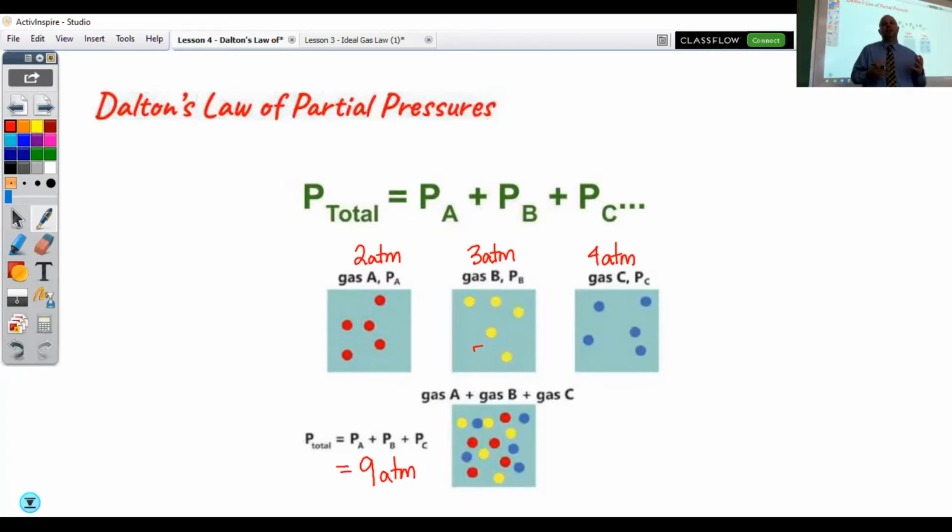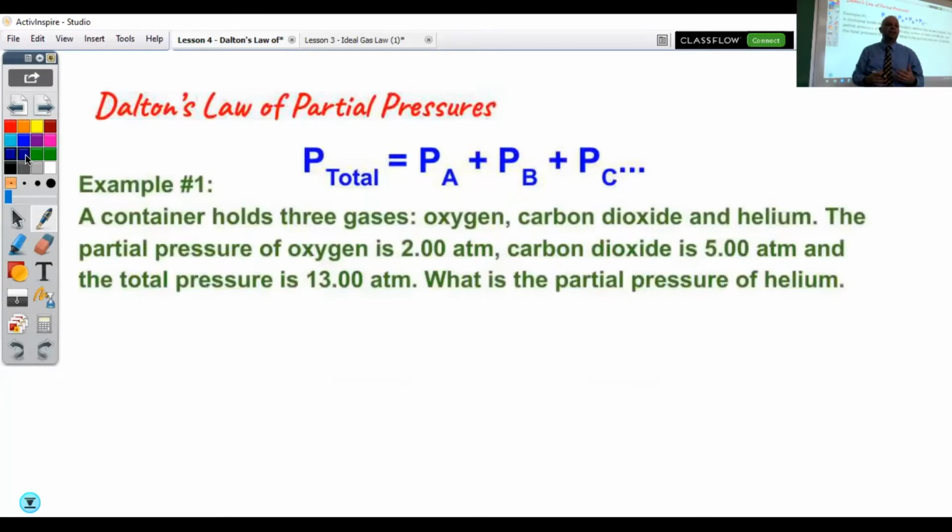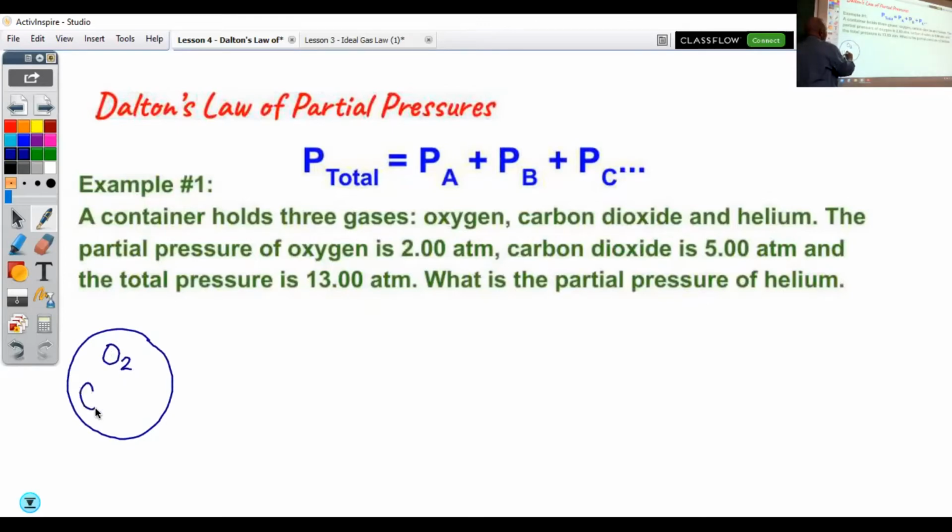Now, I've created a few example problems to illustrate what a problem might look like when you see it on a quiz or test. Let's take a look at example 1. It says you have a container that holds 3 gases: oxygen, carbon dioxide, and helium. So remember, oxygen would be O2, carbon dioxide would be CO2, and helium, of course, is just an element in its most simple form.